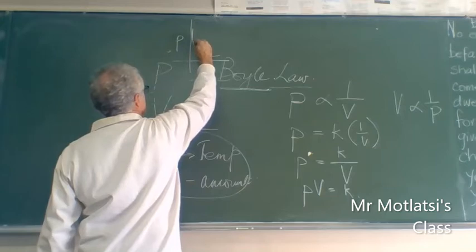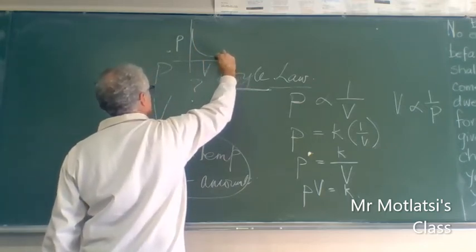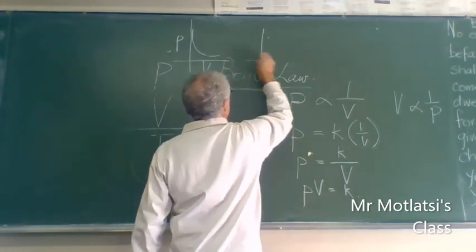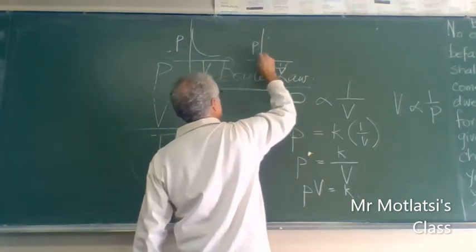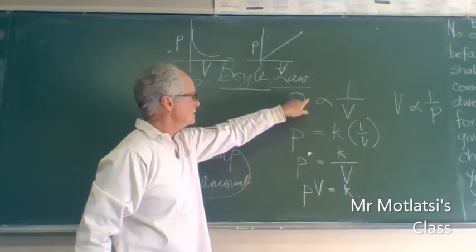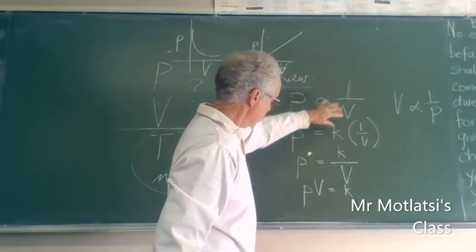As the pressure decreases, the volume will increase. Or otherwise, as the pressure increases, the volume gets smaller. And if you calculate the inverse of the volume against pressure, you will find that proportionality. Pressure is inversely proportional to volume.